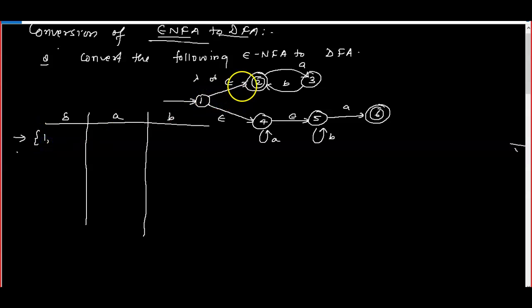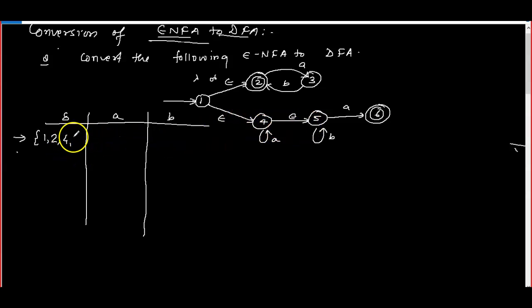If any path is epsilon, going freely, you also have to consider that as part of the start state. So 1 to 2 you can go directly and freely, because the input symbol is epsilon. Since we can go from 1 to 2 freely, 2 is also part of the start state. 4 also you can go to, and 5 also.